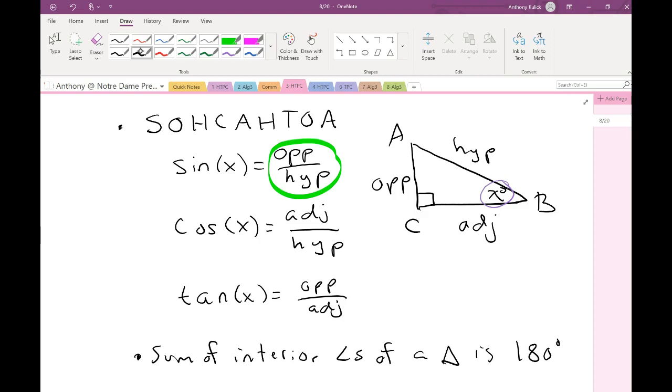Okay, so if the hypotenuse is the longer side, what does that mean if it's the numerator of the fraction? What can we say about that fraction if the hypotenuse is always at least as big as the opposite? Great. It has to be greater than or equal to 1, right?